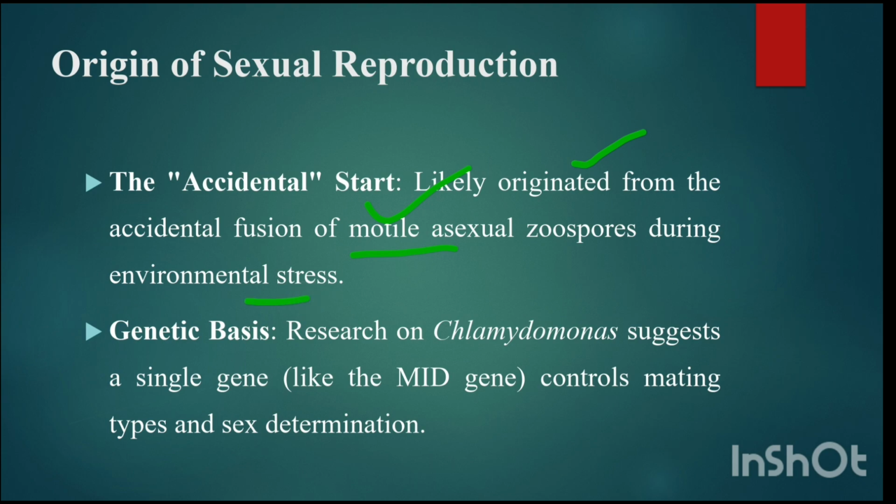So during unfavorable conditions, motile zoospores, which are asexual in nature, accidentally fuse with each other to form a zygote. In this way, sexual reproduction originated. Genetic basis: research on Chlamydomonas suggests a single gene like the MID gene controls mating types and sex determination.